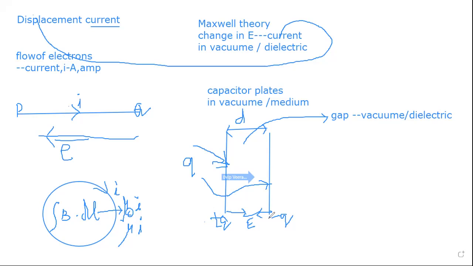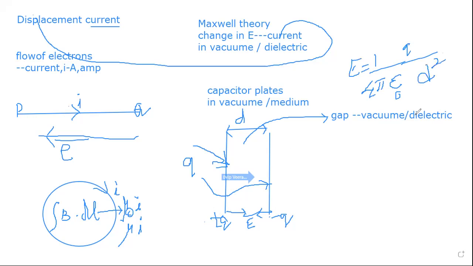Then the electric field depends upon the charge. So the electric field formula is F equals 1 divided by 4 pi epsilon, where epsilon is the permittivity. If it is space, epsilon naught; if it is a dielectric medium, epsilon. Then Q, the charge, divided by d square, the distance between the two plates.